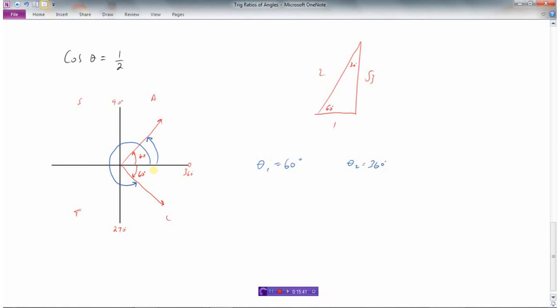And then minus the 60 that we didn't quite get to, because that's the little reference angle there, means that big arc that we're looking for, measuring from our initial arm, this would be 300 degrees, because 300 plus the 60 would give us 360. And so these would be our two solutions. Cosine of 60 is 1/2, and the cosine of 300 degrees is 1/2. So we have our two solutions. Let's look at another example.